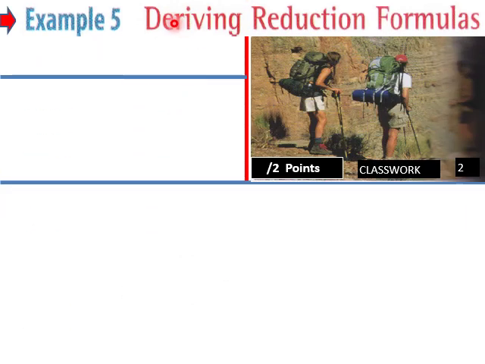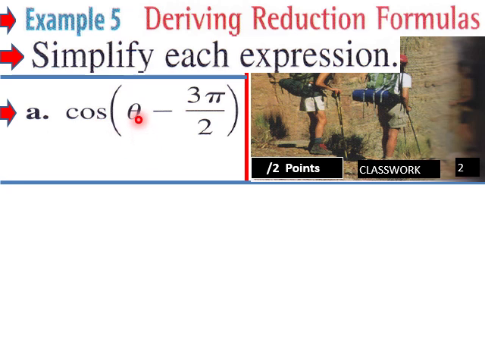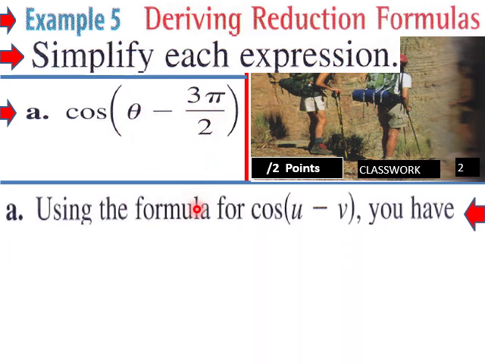Let's get into deriving reduction formulas, simplifying each expression. So we have cosine of theta minus 3 pi over 2. Using the formula for cosine u minus v, this is similar, yes?